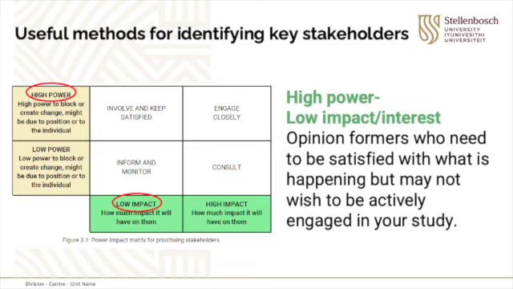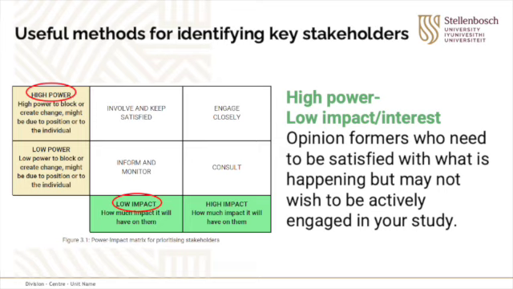So this is just an example of a high power, low impact stakeholder that you would map on your grid. In the workshop this afternoon, we're going to be using this grid and doing some of this mapping to enable you to think more closely about who your stakeholders are and where you would put them on the grid, if you were using this process for stakeholder mapping.